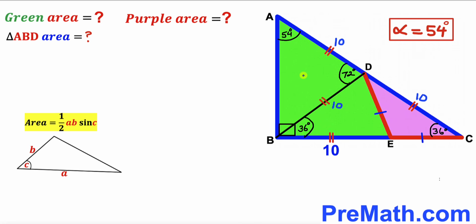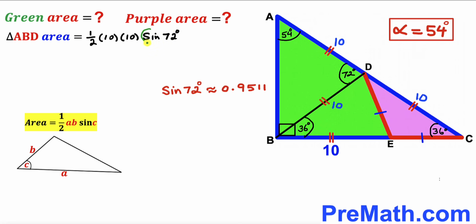For this triangle ABD, our two side lengths are 10 and likewise 10, and the angle in between is 72 degrees. So therefore the area of this triangle ABD is going to be equal to a half times 10 times 10 times sine of angle 72 degrees.